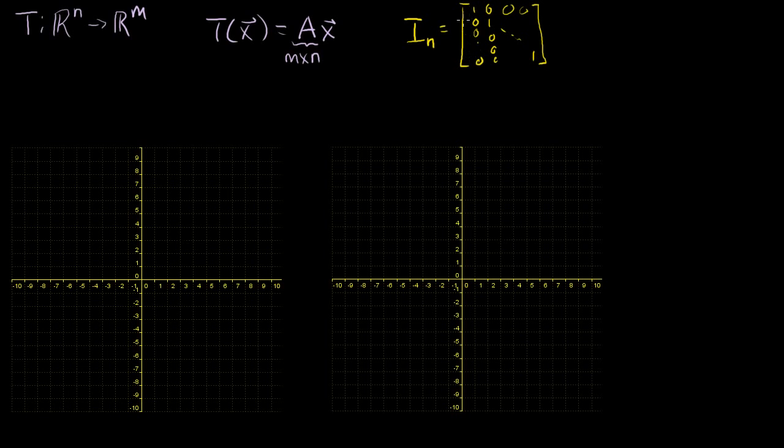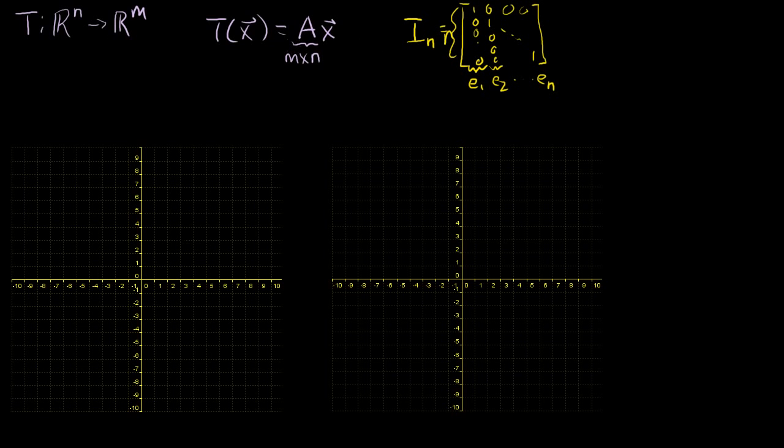You take your identity matrix and you perform the transformation on each of its columns. And we call each of these columns the standard basis for Rn. So this is column e1, this is column e2, and it has n columns, en. And each of these columns are, of course, members of Rn, because this is an n rows and n columns matrix.